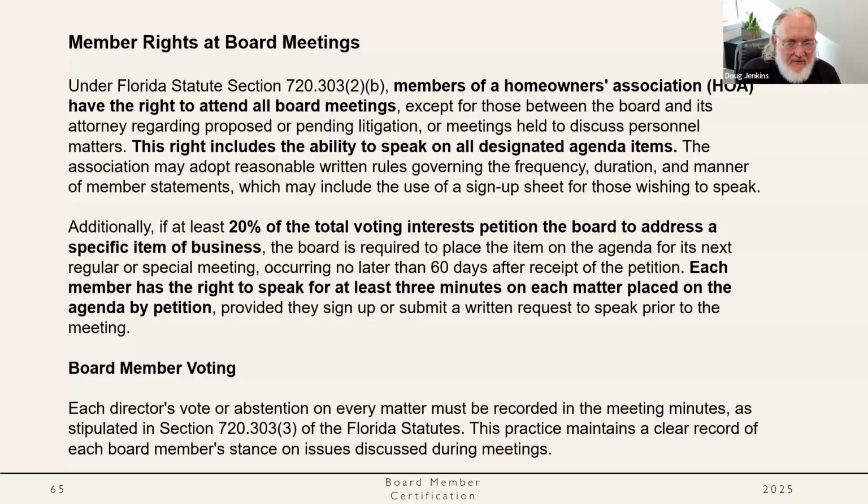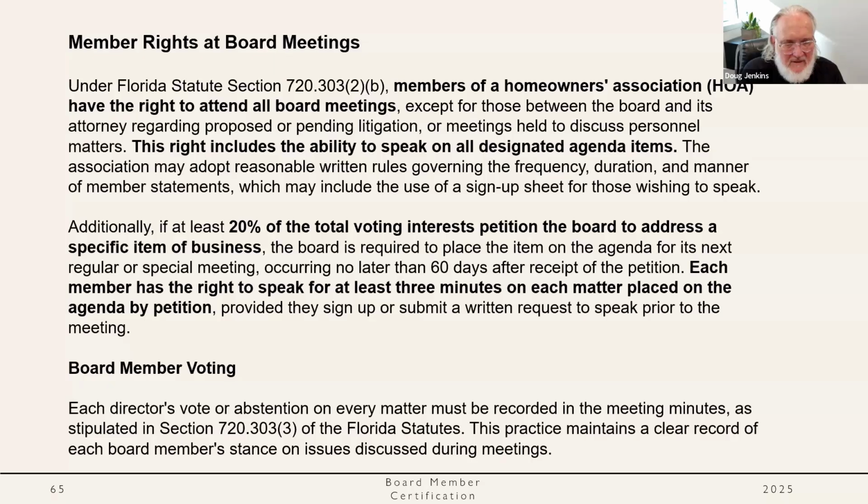Additionally, if 20% of the total voting interests petition the board to address a specific item of business, the board is required to place that item on an agenda for its next regular or special meeting, and it has to happen no later than 60 days after receipt of the petition.